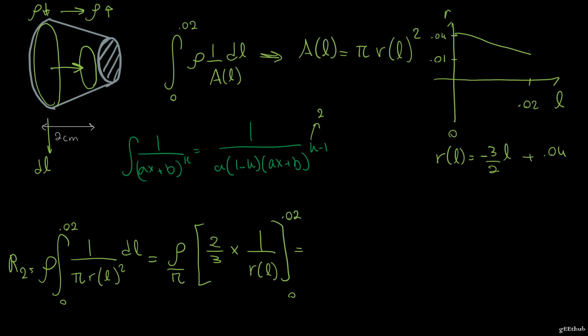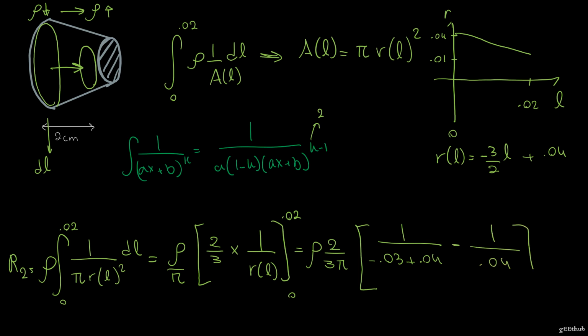To simplify this further, it's going to be rho times 2/(3 pi), taking out all the constants, and I'm going to have 1 over (-0.03 plus 0.04) minus 1 over 0.04. And this is going to give us 100 minus 25, which is 75.